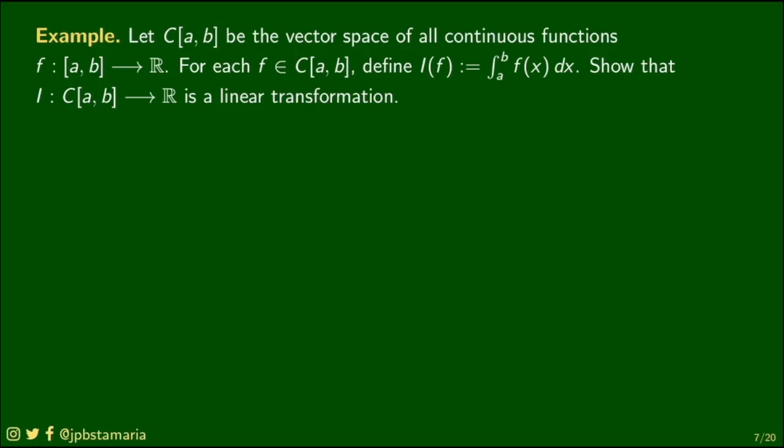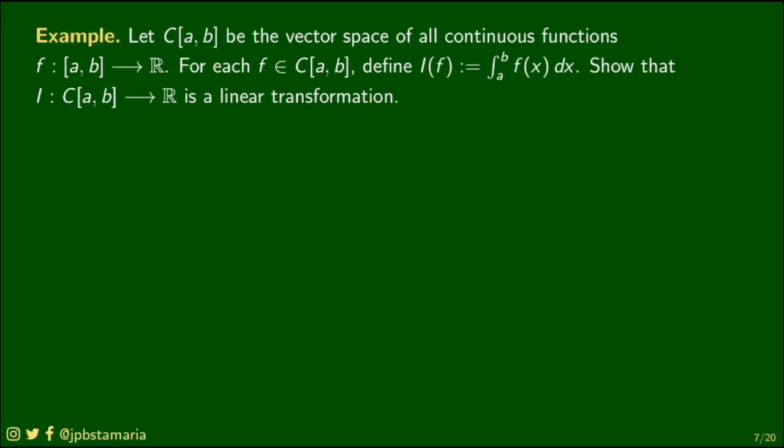For each continuous function f in this space, let us define I of f to be the Riemann integral, or the integral of f of x dx from a to b. We know from calculus that this definite integral, when evaluated, gives us a real number.